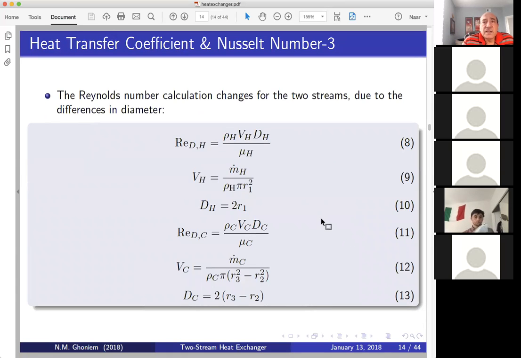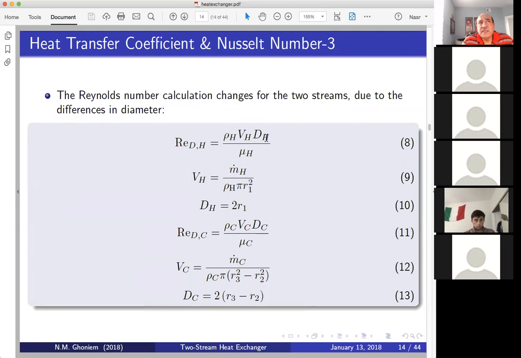Okay, so now to continue, we need to calculate the Reynolds number for the hot and for the cold. So the symbol we use is Reynolds hot, H is hot. Reynolds number is the ratio of the momentum divided by the viscous diffusion. So it is rho times the velocity times the hydraulic diameter, divided by the viscosity.